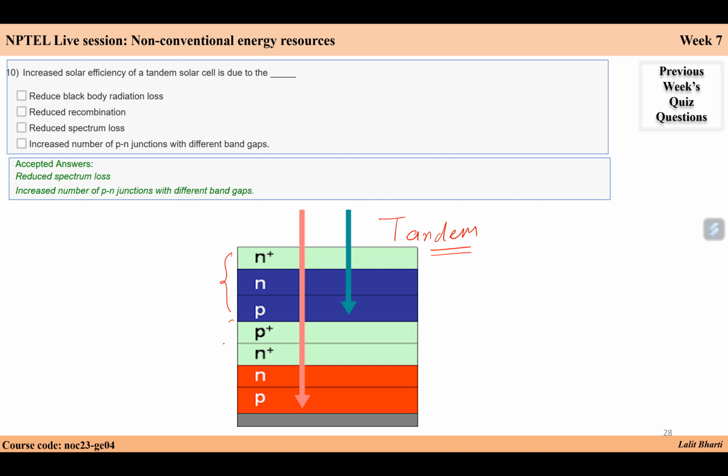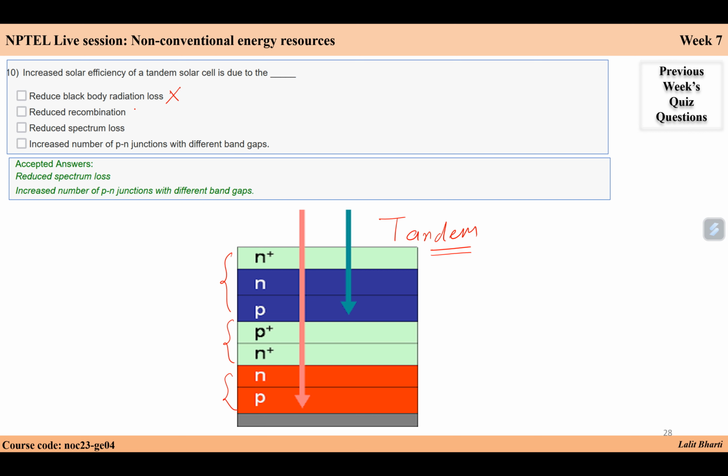We have different cells, one by one, for absorbing different types of light. So the options are: reduced black body radiation loss. But there's nothing related to black body radiation here.